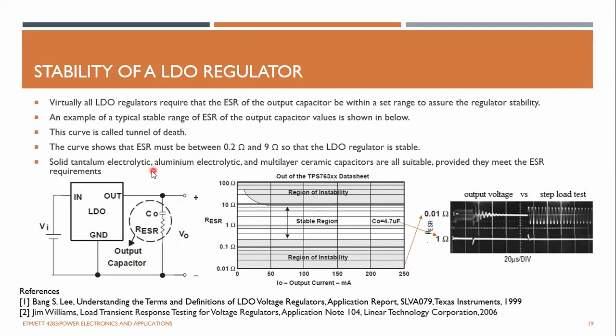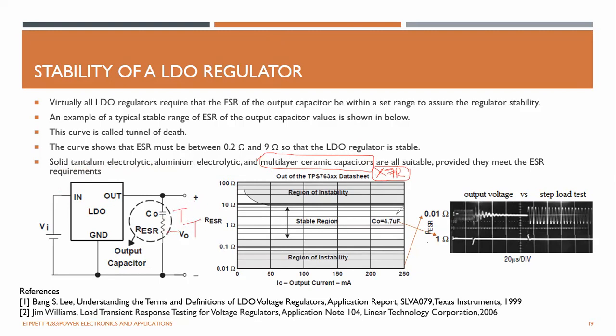They also refer to different capacitors: solid tantalum electrolytic, aluminum electrolytic, or multi-layer ceramic. In most of my projects, I always used multi-layer ceramic capacitors, X7R series, which have very low temperature variations. The capacitance and the ESR also change with temperature, right?